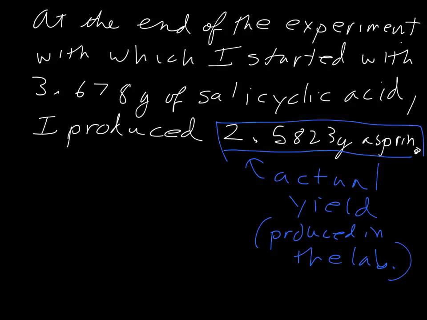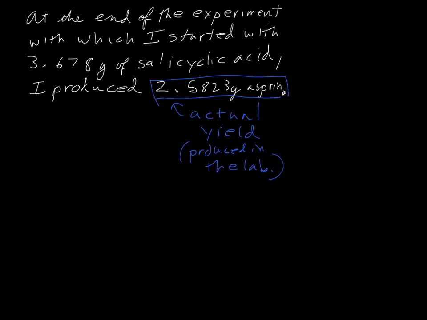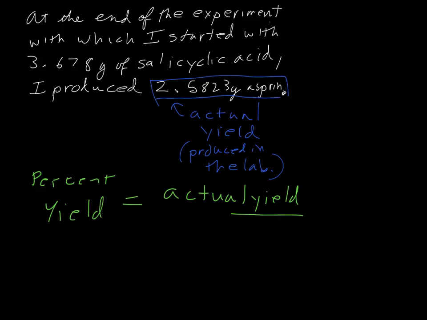As chemists, you want to evaluate how good you were in the lab. To evaluate how good you were in the lab, we like to use a quantity known as percent yield. And percent yield is the ratio of actual yield divided by your theoretical yield.